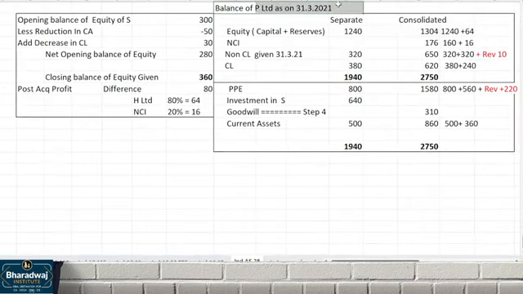This is the balance sheet of P Limited at the end of the year, separate and consolidated.